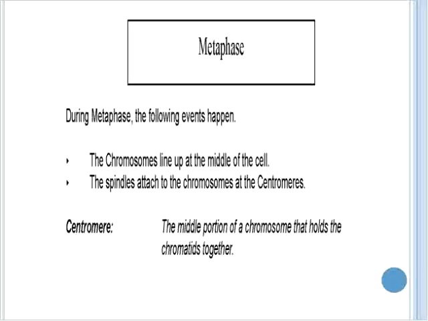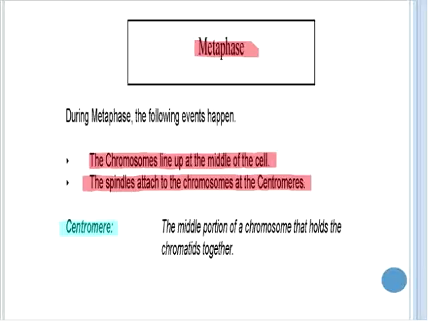The second phase, metaphase, allows for the following to happen. The chromosomes line up at the middle of the cell. The spindles attach the chromosomes at the centromeres. And by definition, the centromere is the middle portion of a chromosome that holds the chromatids together.